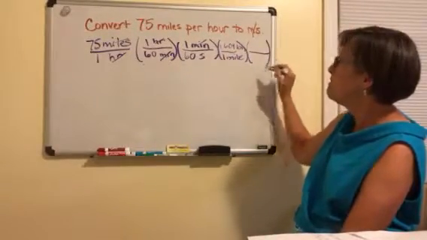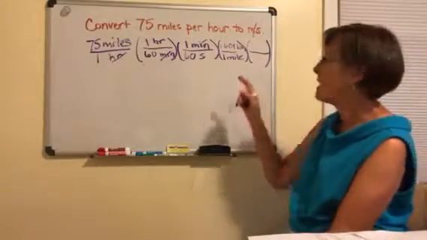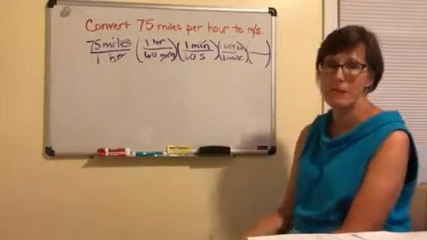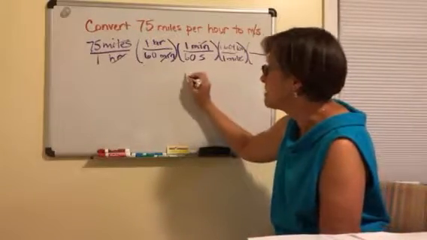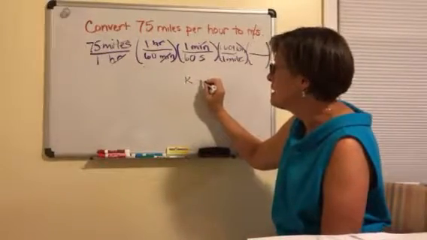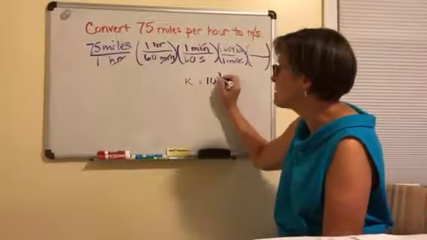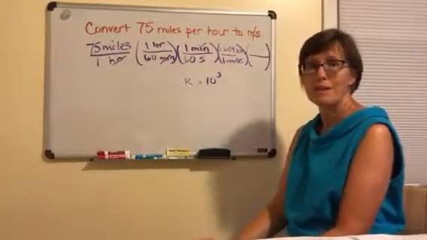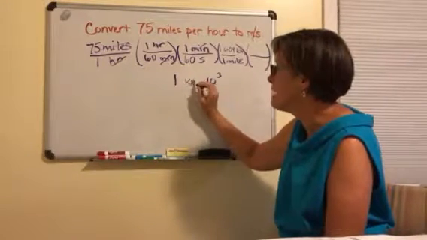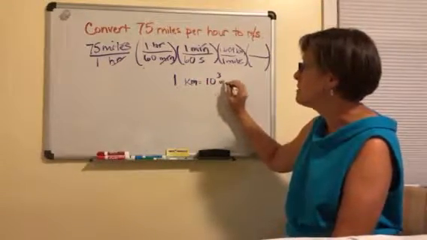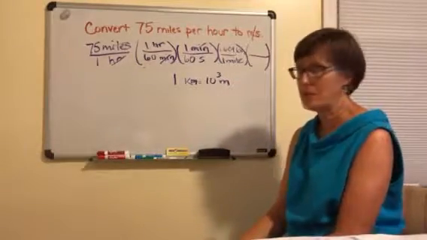If we stopped right now, our units would be kilometers per second. We've got to do one more metric conversion that helps us relate kilometers to meters. And you can look at your exam information sheet and see that the prefix kilo is equal to 10 to the third. So in the context of this problem, we would say that 1 kilometer is equal to 10 to the third meters.